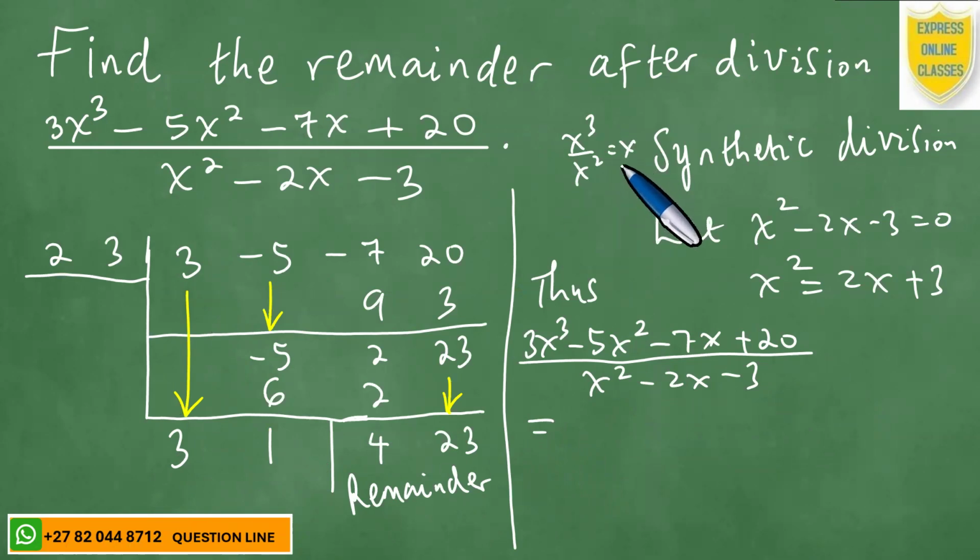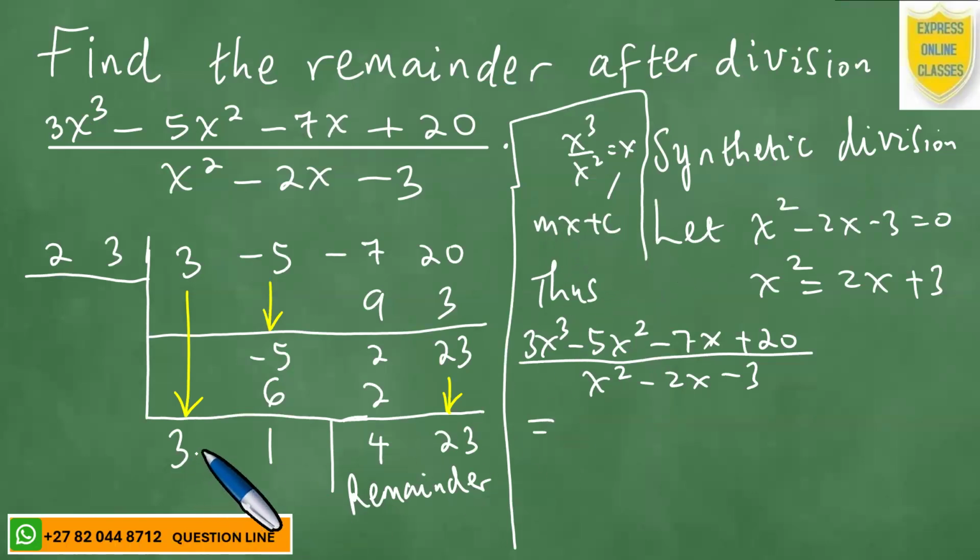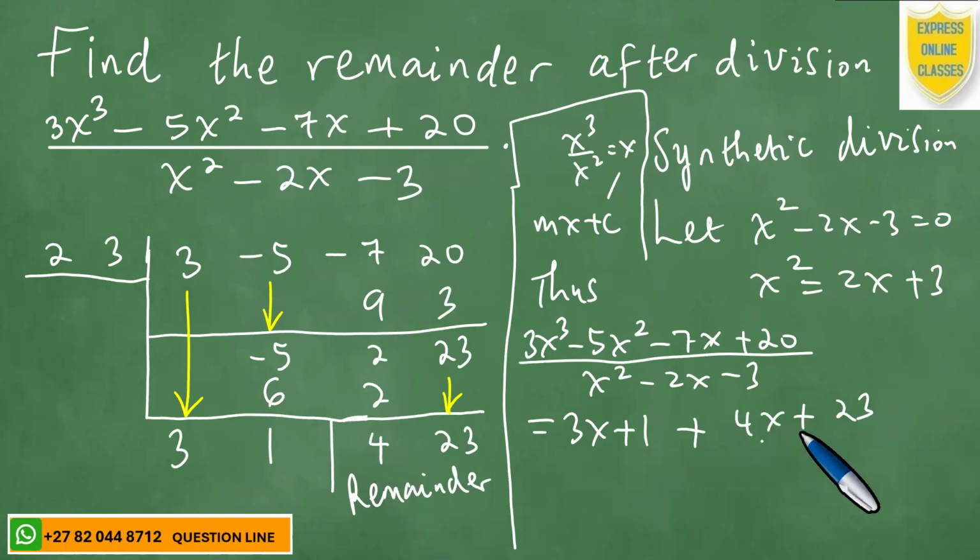The result is an x. And so the x is of the form mx plus c, giving us a linear function. So this is the linear quotient. And therefore, it is 3x plus 1 plus the remainder, this one. Also, the remainder is a 2-term expression, making it linear, 4x plus 23, all divided by the divisor, x squared minus 2x minus 3.